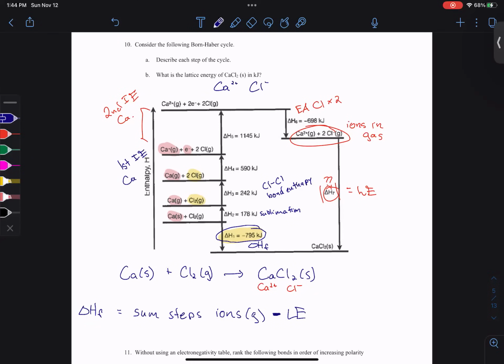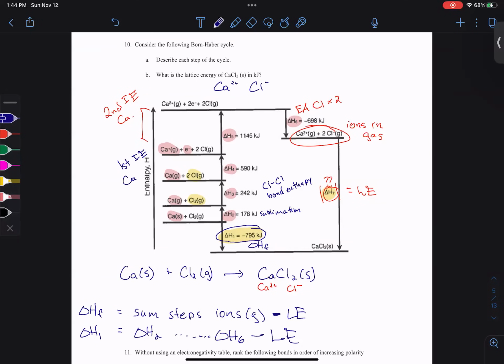So in this question, delta H1 is equal to delta H2 all the way to delta H6 minus lattice energy, and that's how we're going to calculate lattice energy because all the other values are given here.